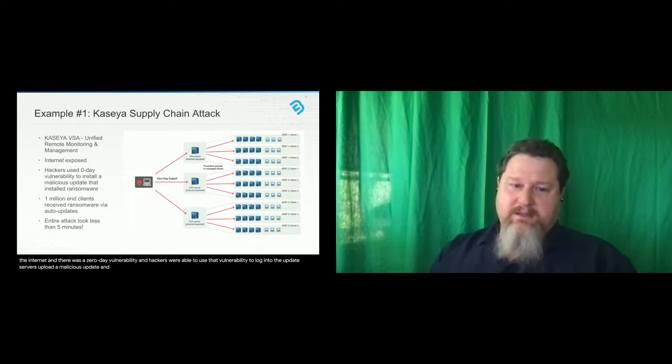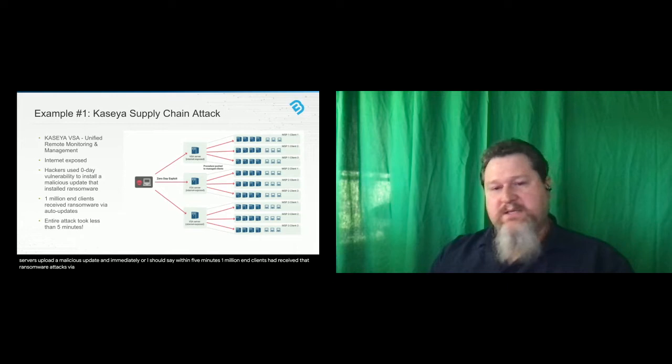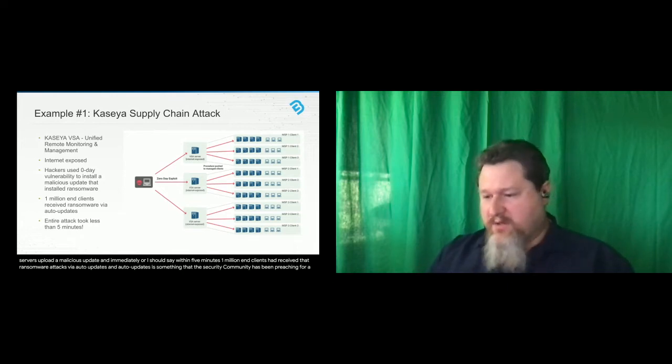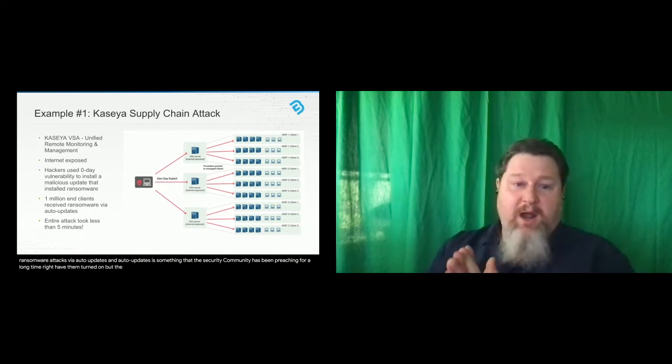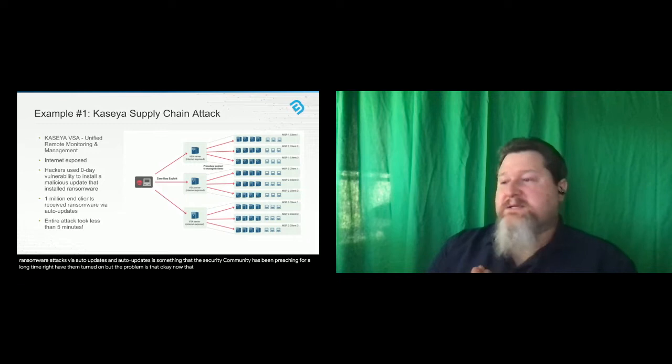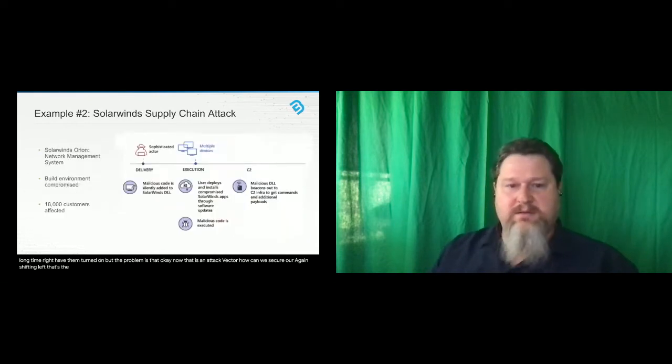Within 5 minutes, 1 million end clients had received that ransomware attack via auto updates. Auto updates are something the security community has been preaching for a long time, right? Have them turned on. But now that is an attack vector. How can we secure ourselves against that? Again, shifting left, that's the point.